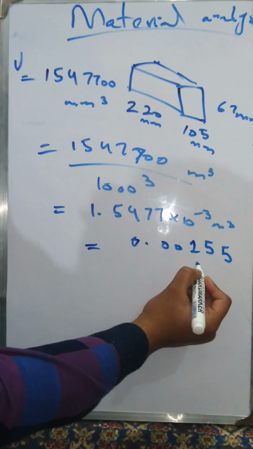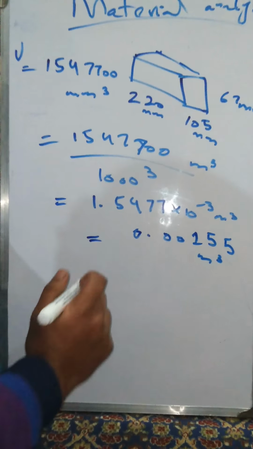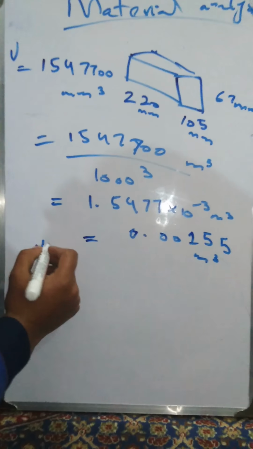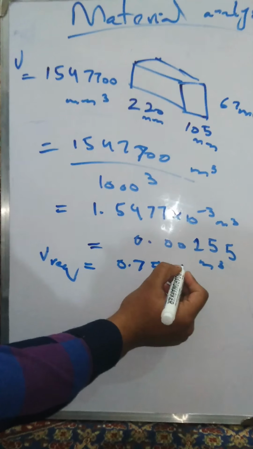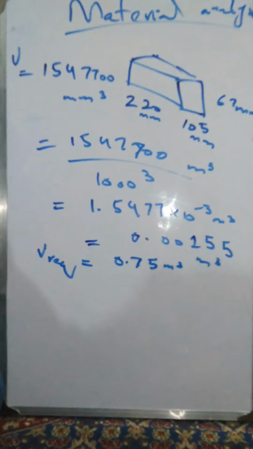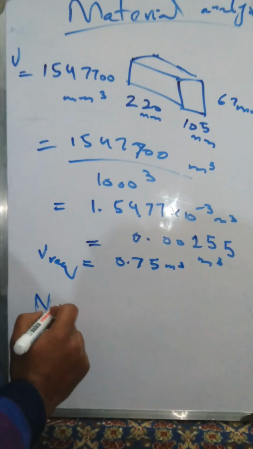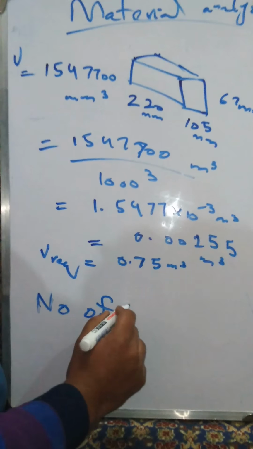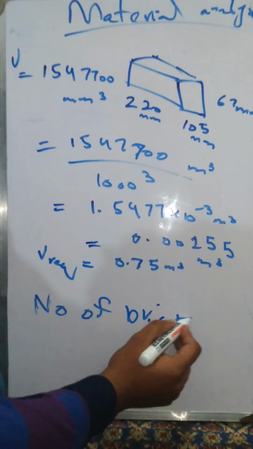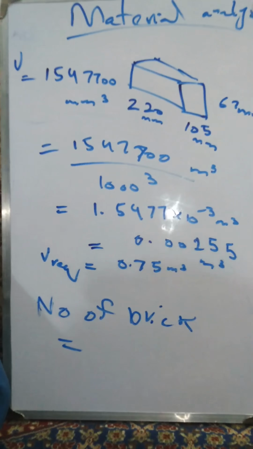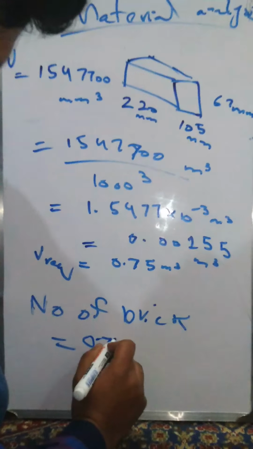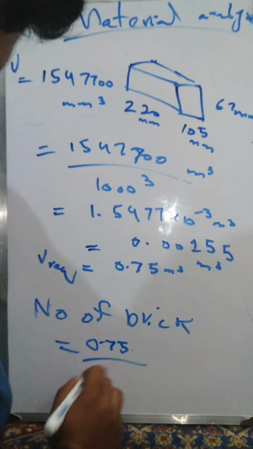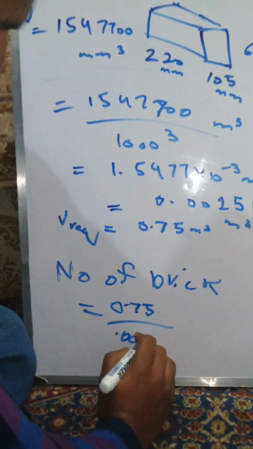The volume which we are going to get, I need a calculator for this, is 1.5477 into 10 to the power minus 3 meter cube, or I may write it as 0.00155 meter cube. The volume which we require is equal to 0.75 cubic meter.